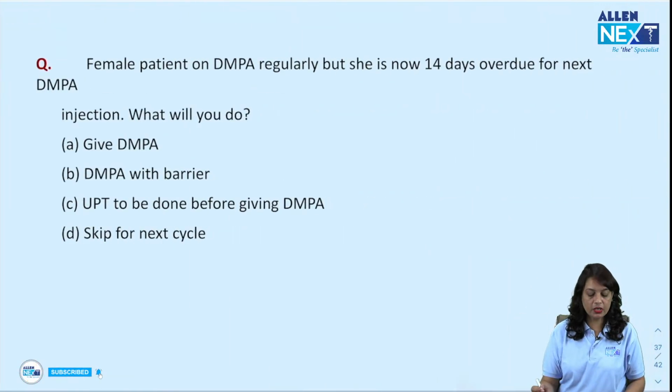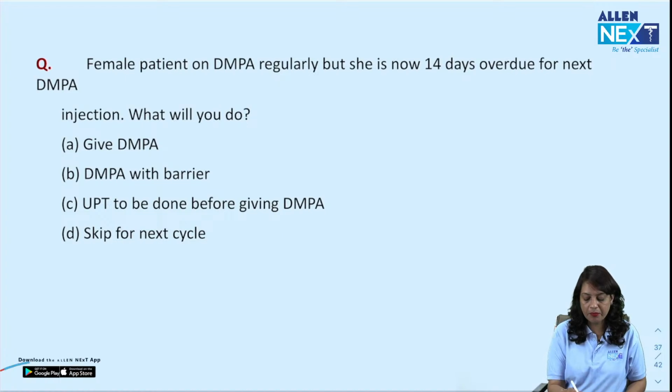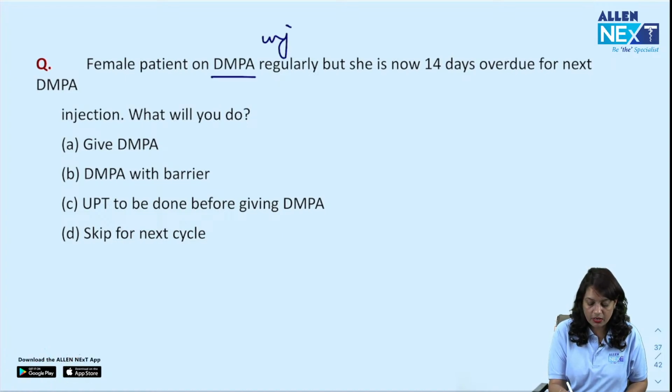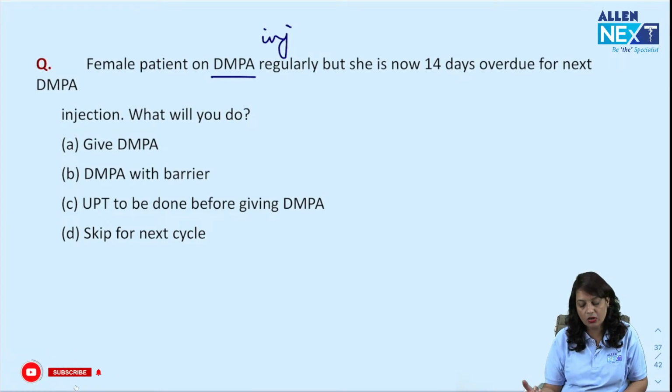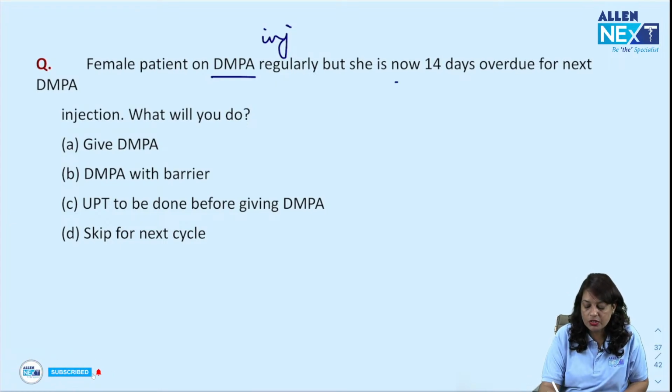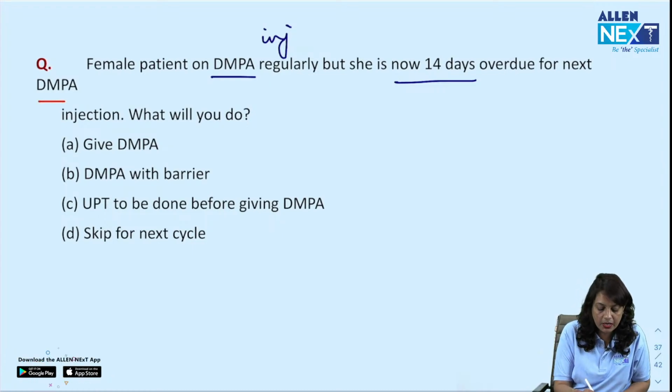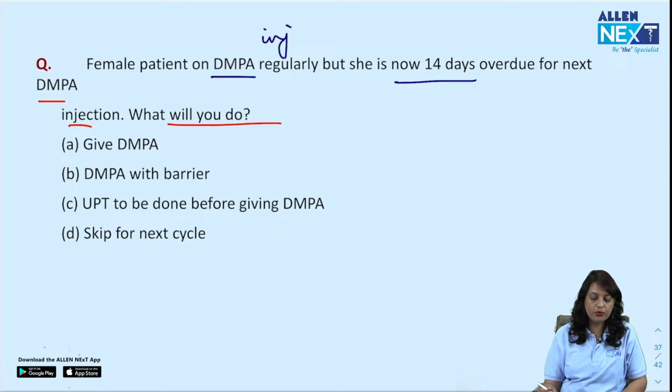Now, next question: a female patient is taking DMPA injections regularly, at a 3-monthly or 6-monthly interval, but now she is 14 days overdue for the next DMPA injection. What will you do?